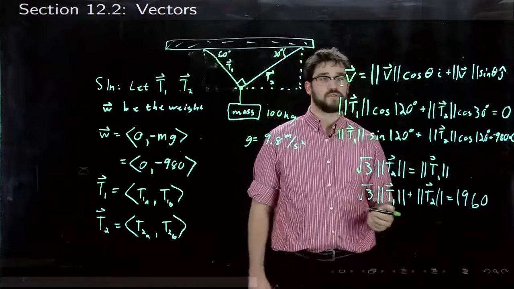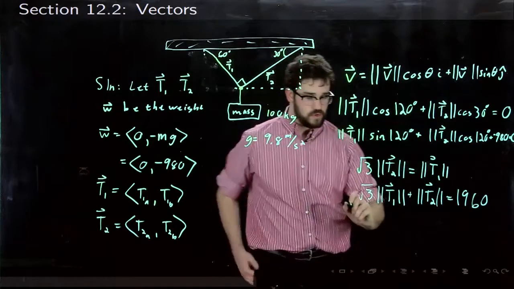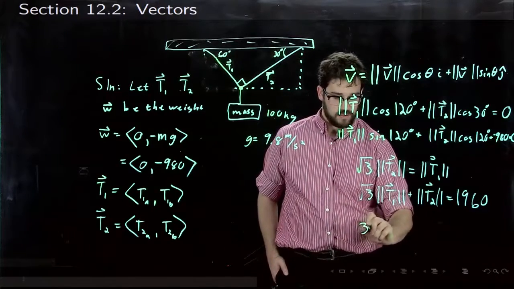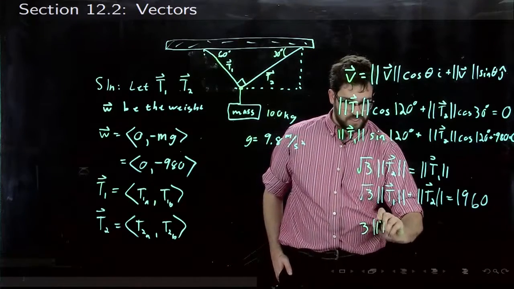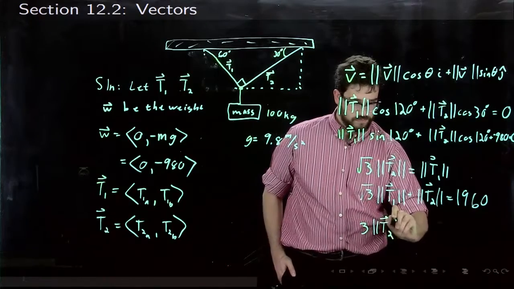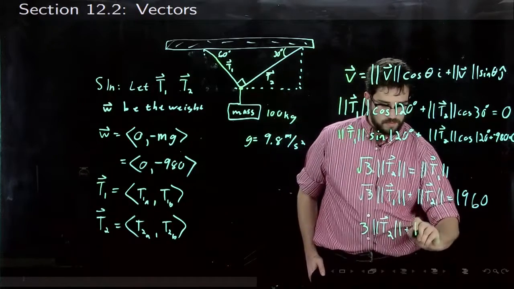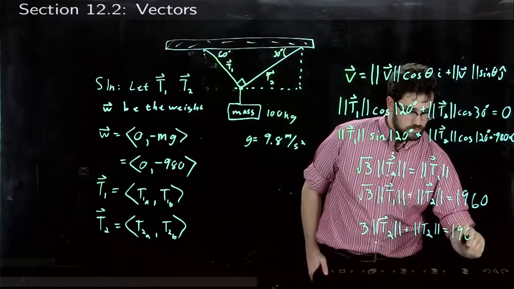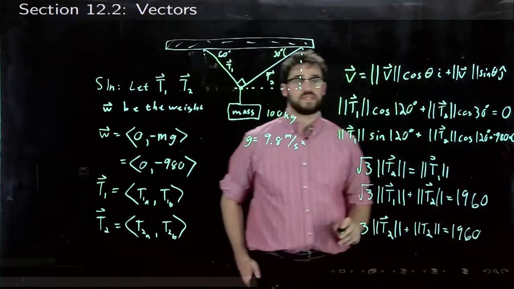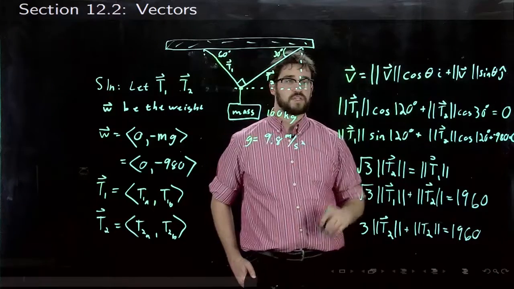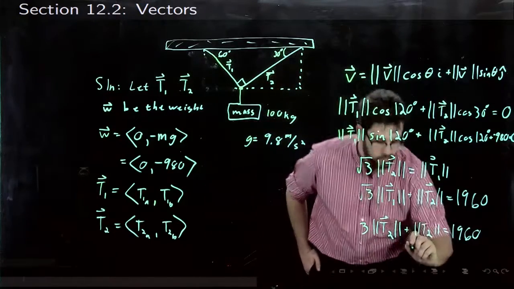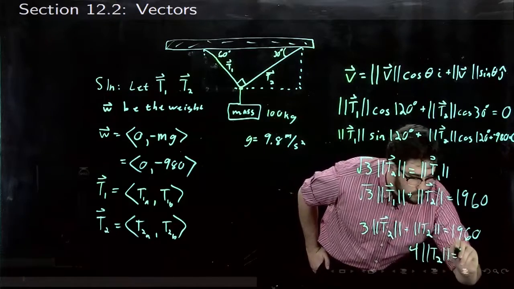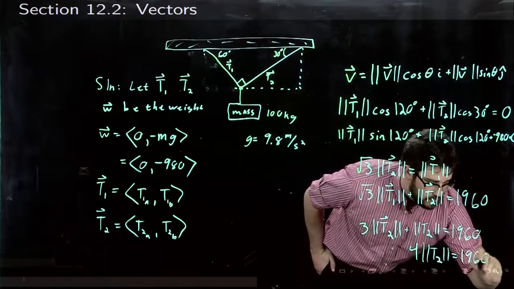If we plug our values in like we should, then we are going to just get that 3 times the magnitude of T2 plus the magnitude of T2 equals 1,960, which simplifies into 4 times the magnitude of T2 equals 1,960.